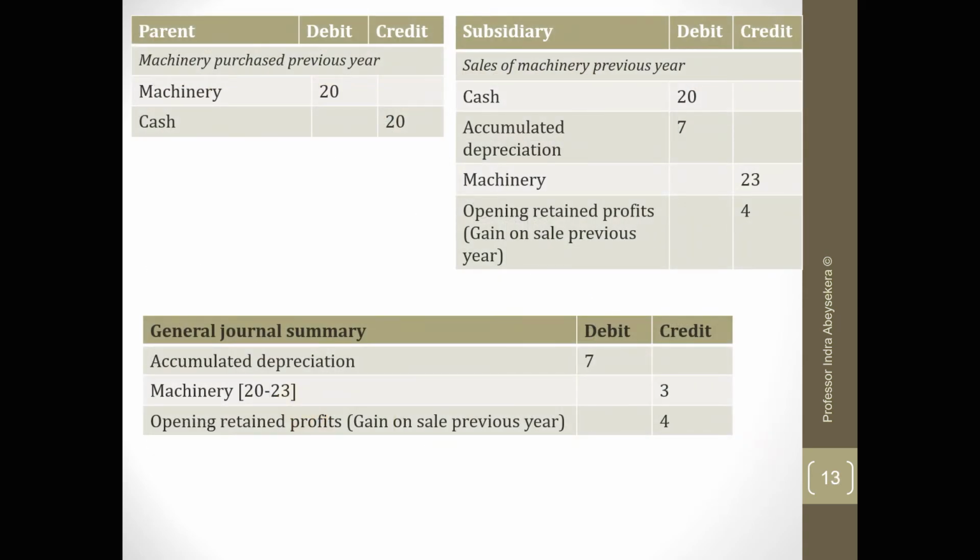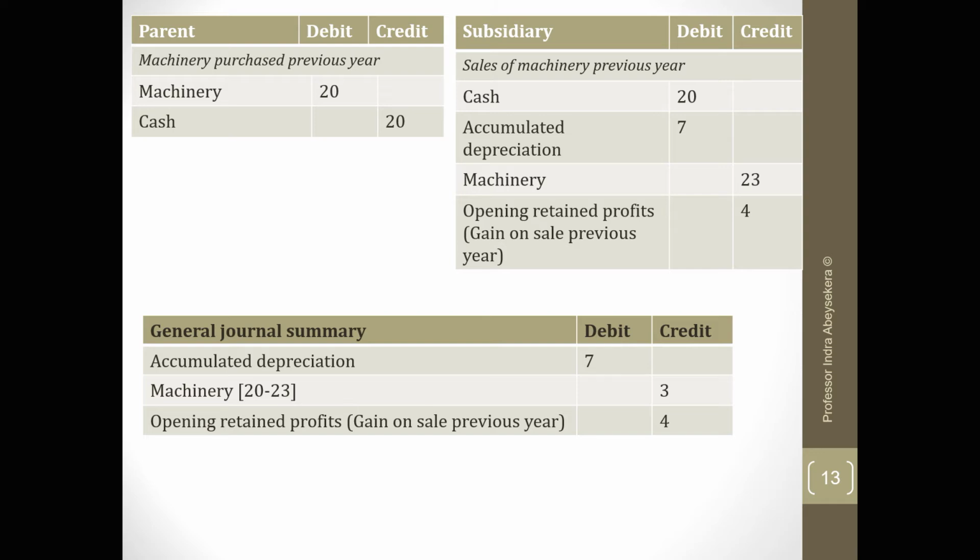Parent entry was debit machinery and credit cash, and for the subsidiary, received cash of 20, accumulated depreciation we need to reverse when you are selling, debit 7, and machinery credit 23 because we are selling it. Now the gain on sale relates to the previous year.